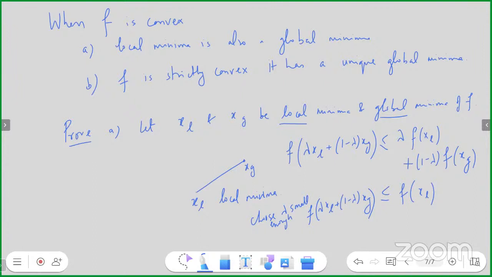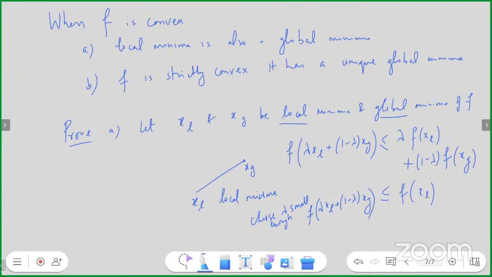To disprove, do we want strict or not? See, if it is equal, we are already getting that it is the global. No, but what have you disproved here so far? All you have created is a point close enough to xl at which its value is the same. Why is it disproving the fact that xl is local?